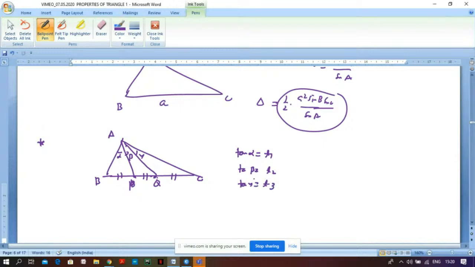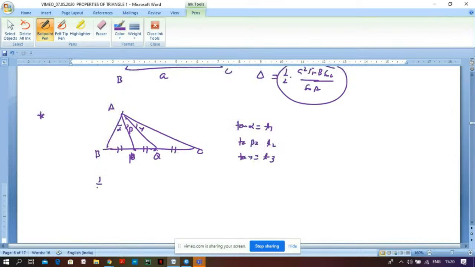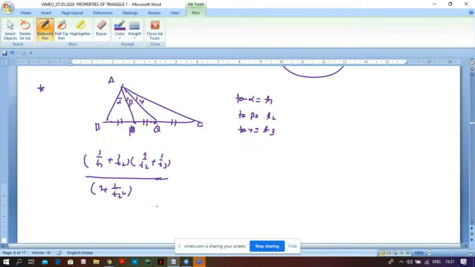And now I want to prove, or I want to find the value. So I need to find the value of (1/T1 + 1/T2) times (1/T2 + 1/T3) over (1 + 1/T2 squared).